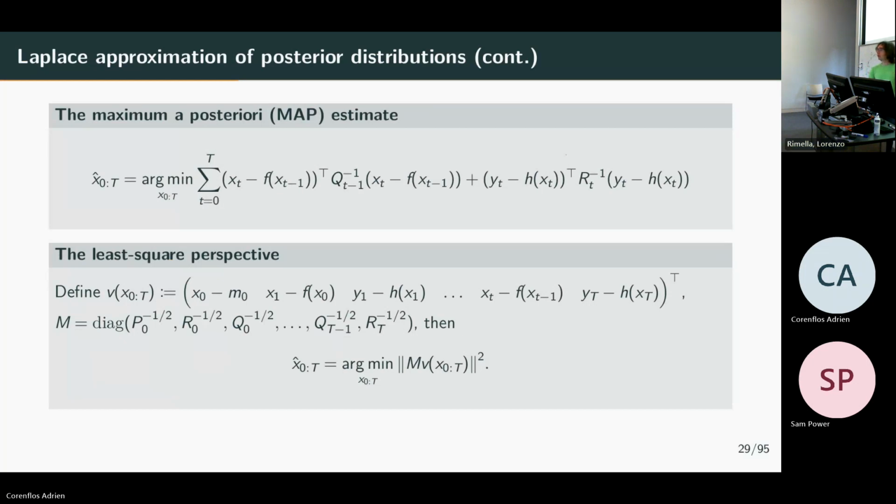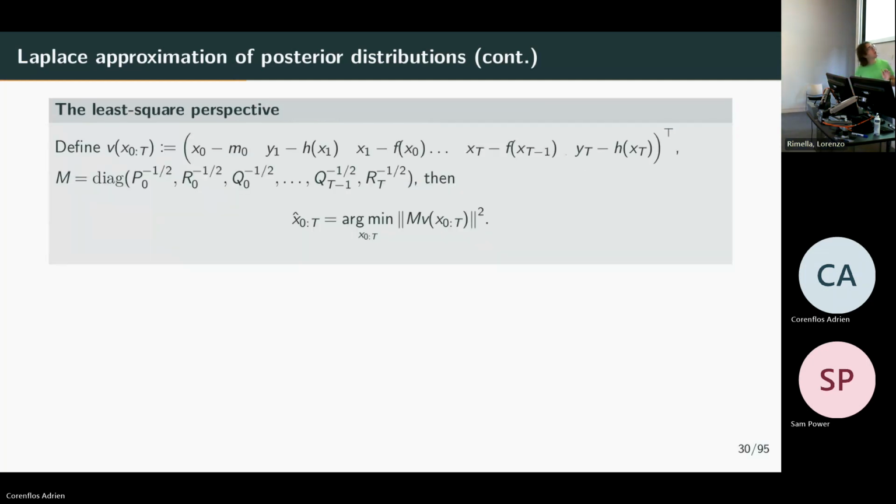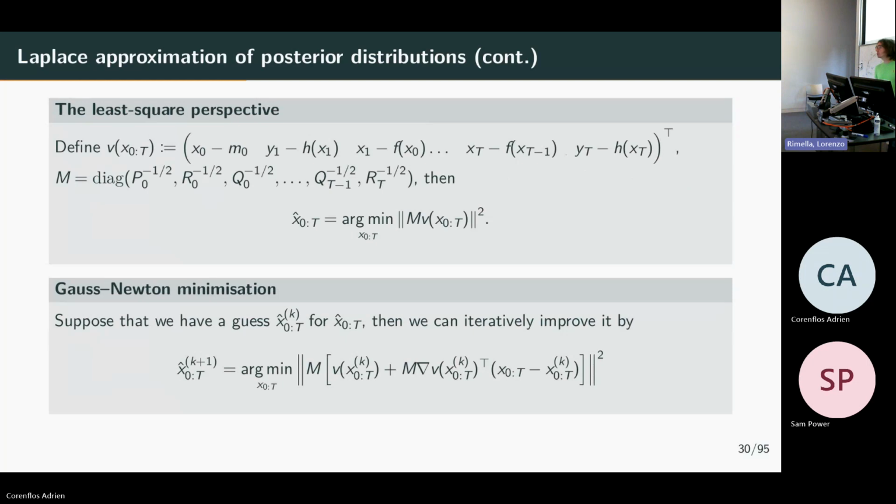Anyone does not see it? No? Excellent. So if I have a least square, then I can apply any quadratic-friendly optimization technique I want. In particular, a standard one is the Gauss-Newton.